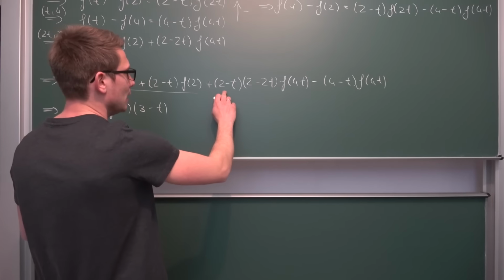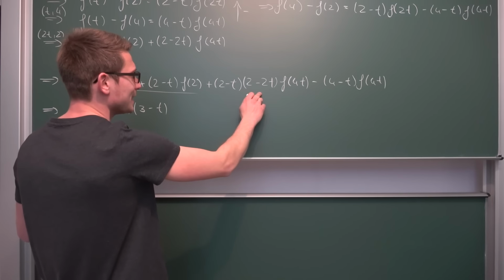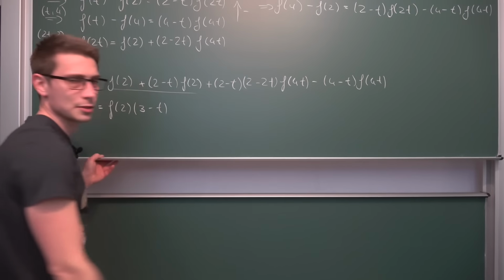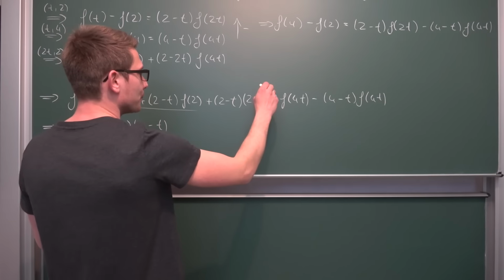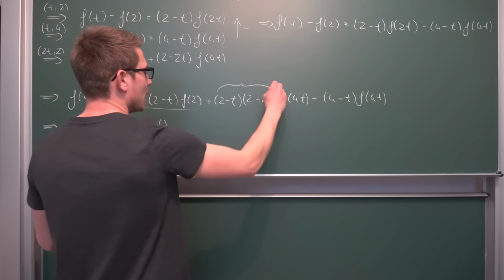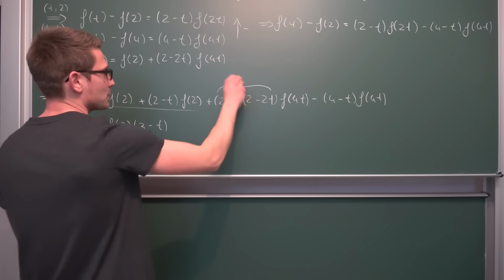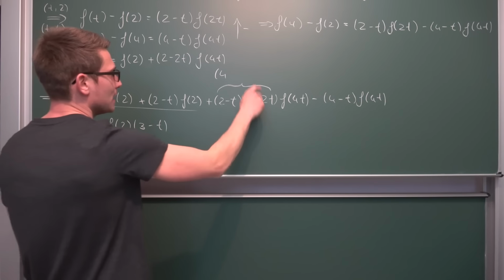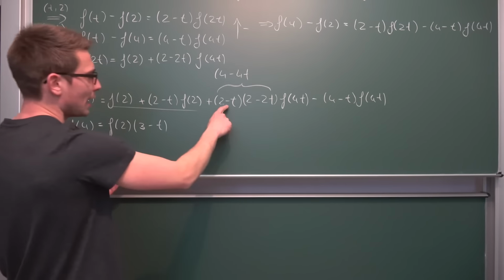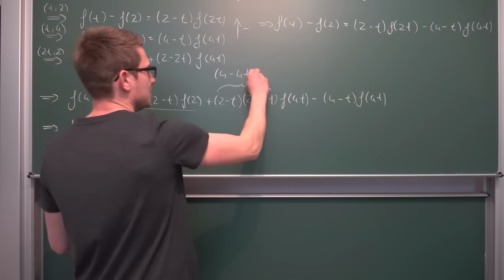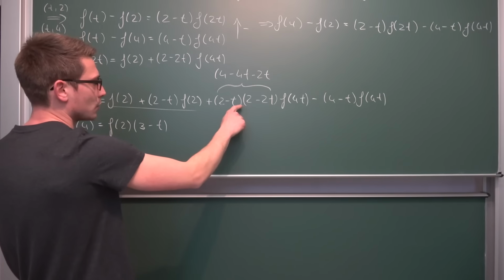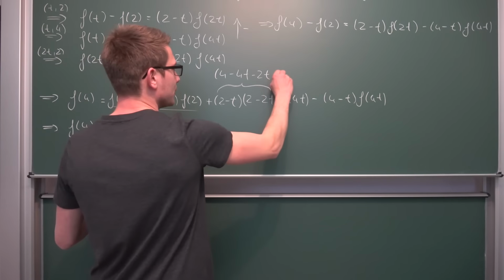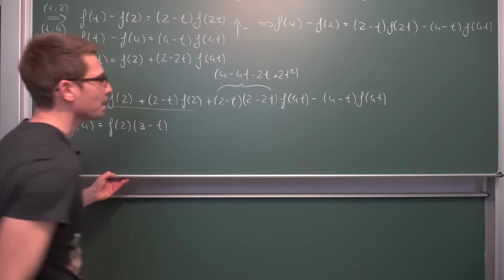And other than that, what is 2 minus t times 2 minus 2t? Let us just write everything out and see what we are going to get. So 2 times 2 is going to give us 4, and then we are going to get minus 4t. Other than that, we get negative 2t, and then we are going to get plus 2t squared.